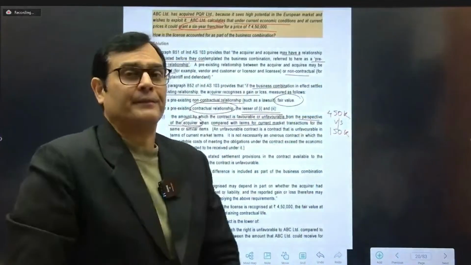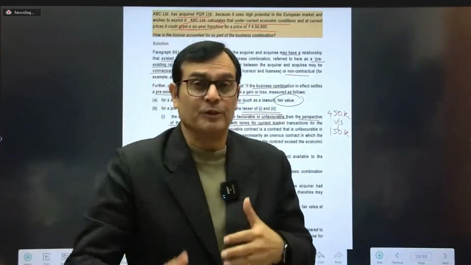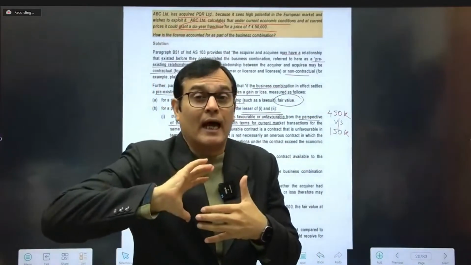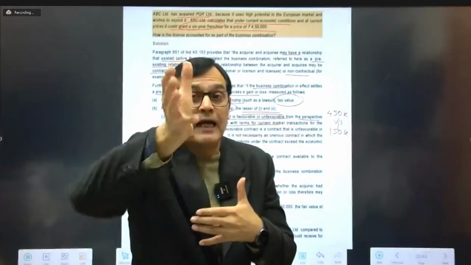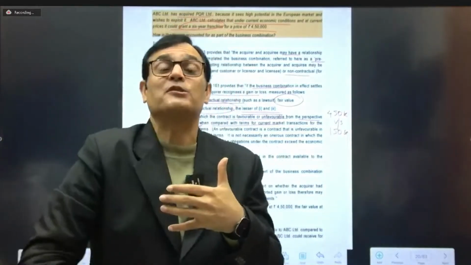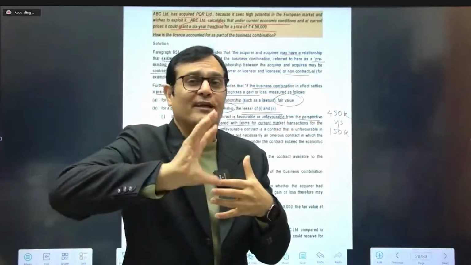So number one, you need to understand one thing. I gave a right to the acquiree before the acquisition date. I gave them a license, which was a right given. Now I want to reacquire the right back. As ABC gave a right to PQR earlier, it was a case of a right given.